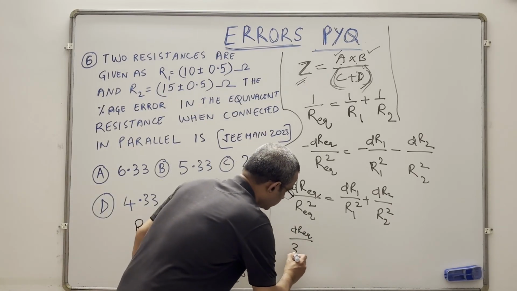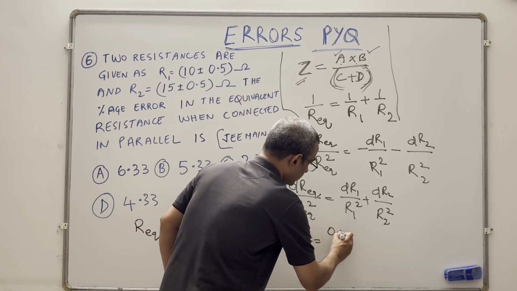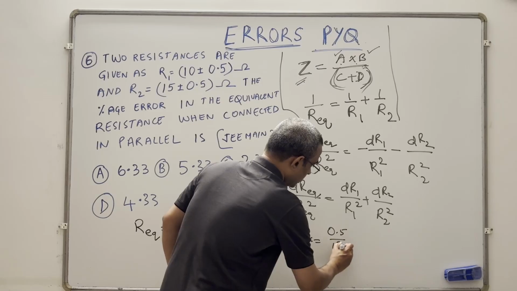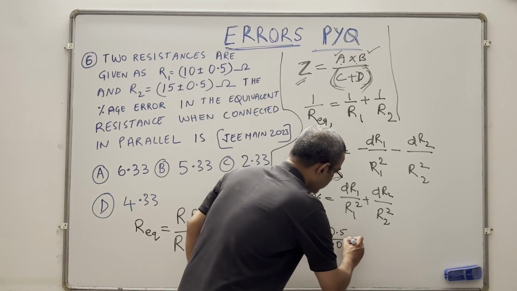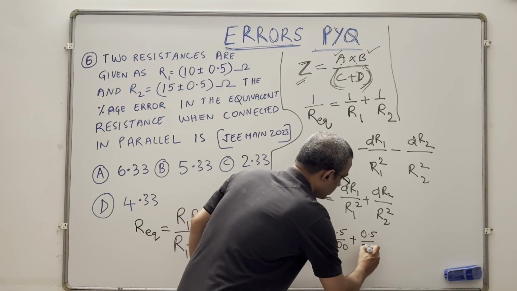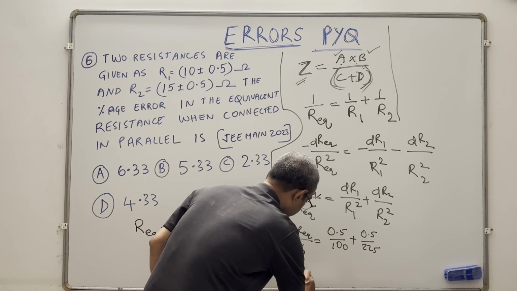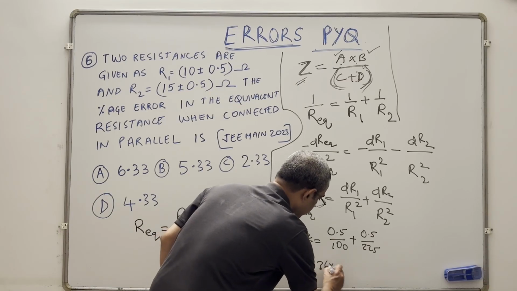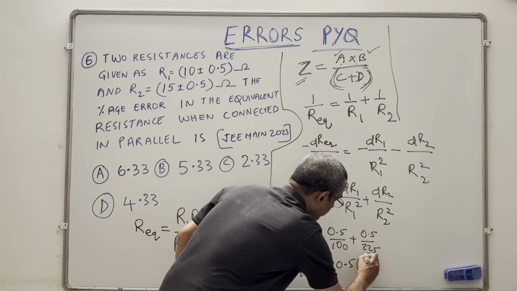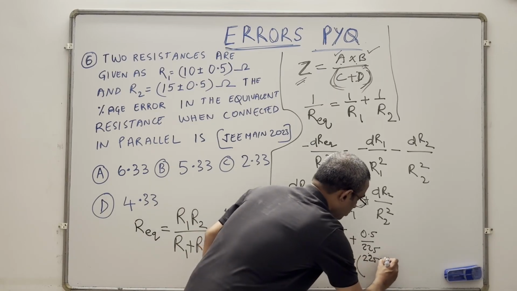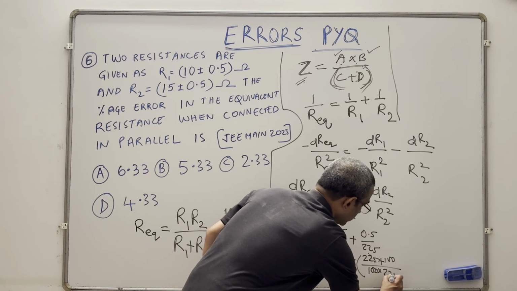So dR equivalent by R equivalent square is 6 square, so we have 6 into 6, 36, is equal to dR1, 0.5 by R1 square, which is 100, plus 0.5 by R2 square, which is 225. So what do we get? dR equivalent is equal to 36 into, let us take 0.5 out, and we'll have 225 plus 100 by 100 into 225.